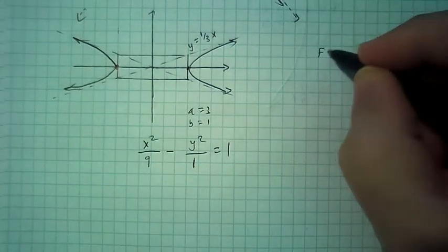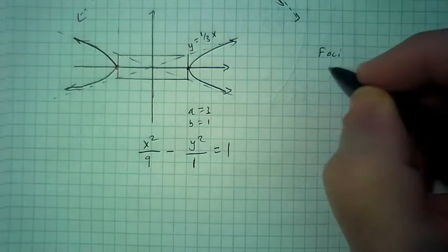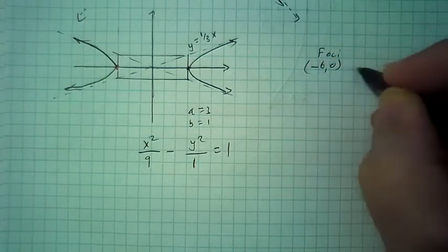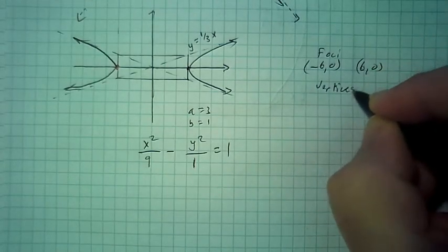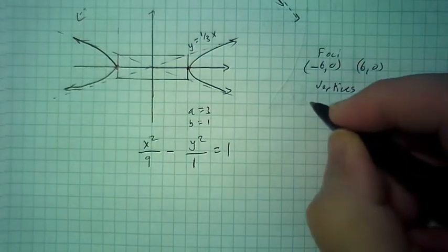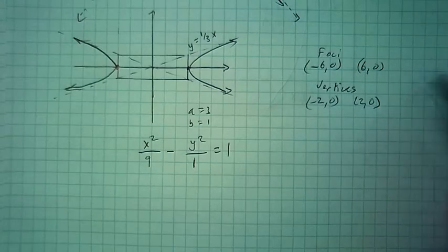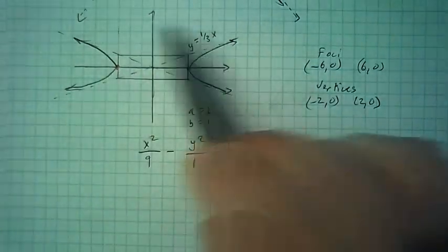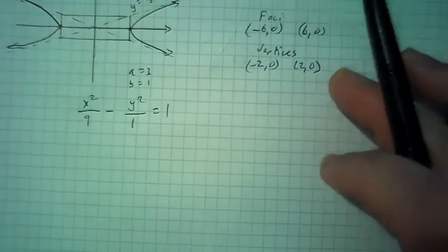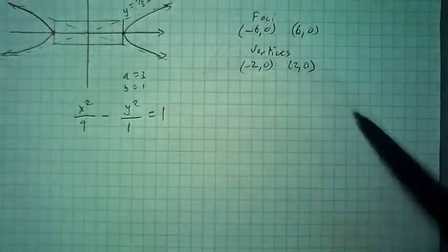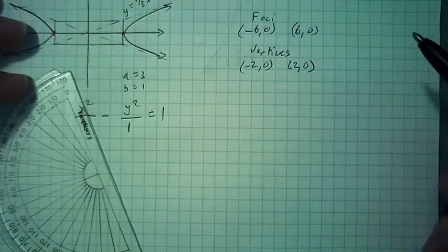So let's assume that we have foci at -6, 0, and 6, 0, and vertices at -2, 0, and 2, 0. Your vertices and your foci for the hyperbola should always be on the same axis. So in this case, the fact that they're in the x direction is significant. You can sketch a picture of this if that will help you.